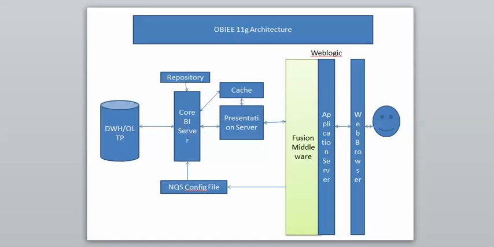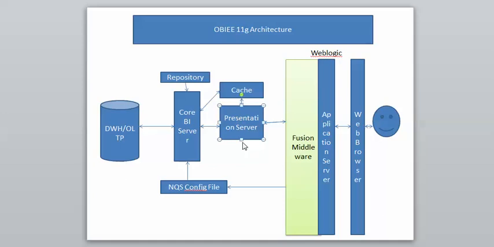In case it is not present in the cache, then it will go to the BI server and communicate with the repository, and based on the settings in the repository, it will communicate with the data warehouse or the OLTP database and get the data from there, and then, in case the cache is enabled, load the cache, and then the presentation server takes it and applies its settings.